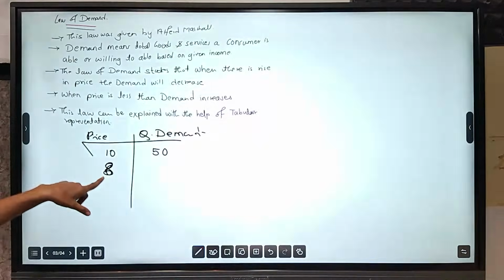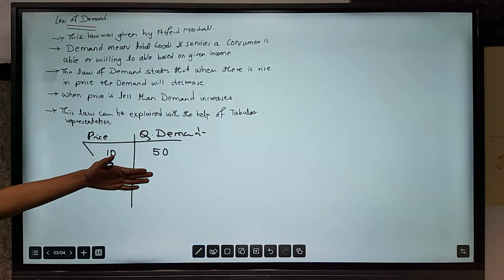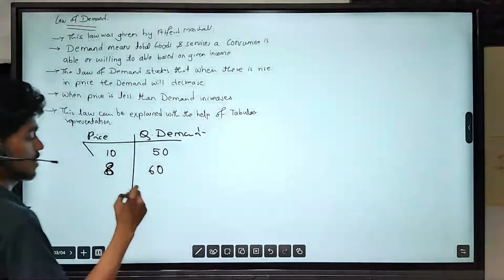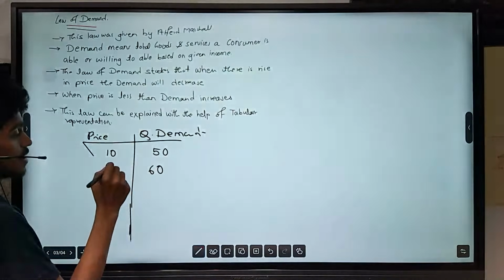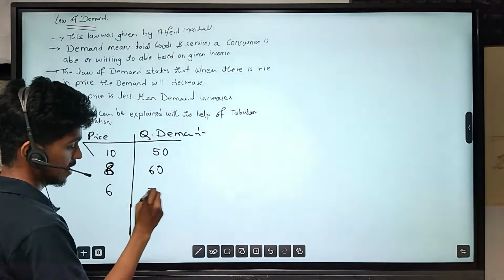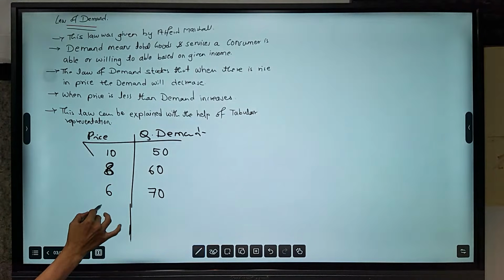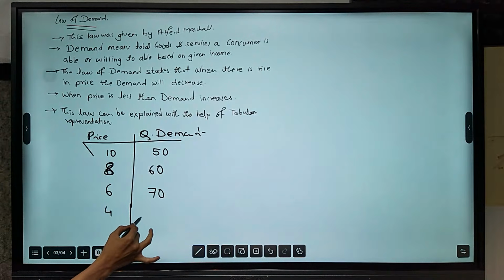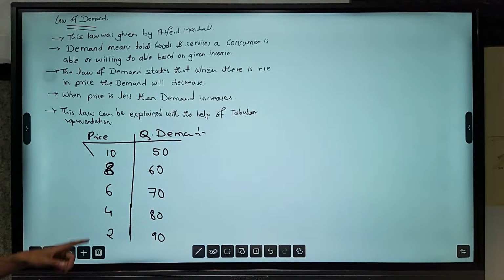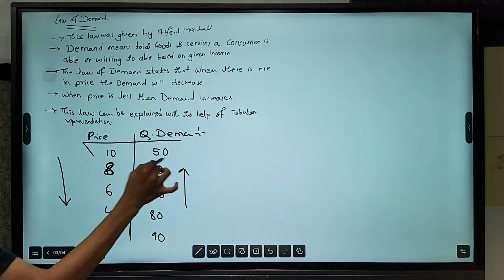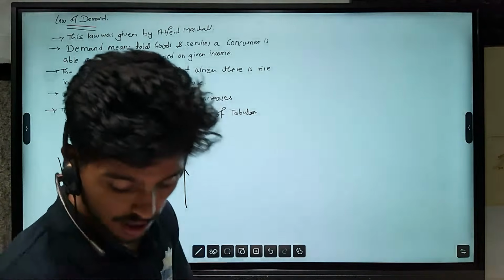When price is low, the demand will increase. When price is 8, demand is 60, when price is 6, demand increases to 70, when price is 4, demand is 80, and when price is 2, demand is 90. So from this we can see as the price decreases, demand increases.